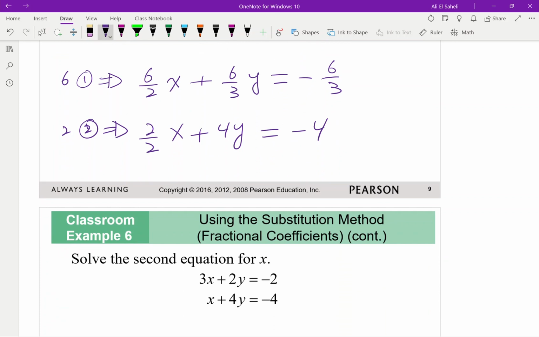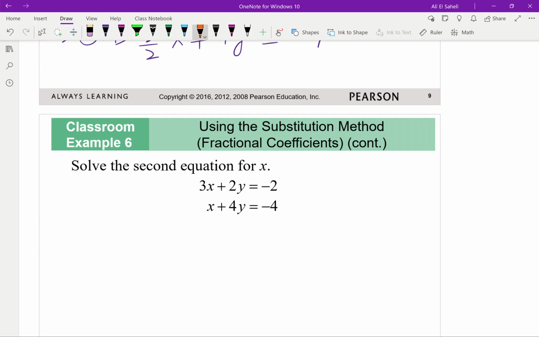You get 3x. 6 over 3 is 2. You get 2y. Minus 6 over 3 is minus 2. This is x, and 4y equals minus 4.